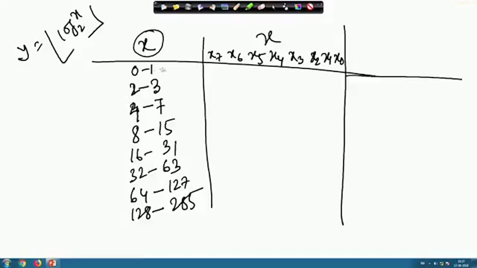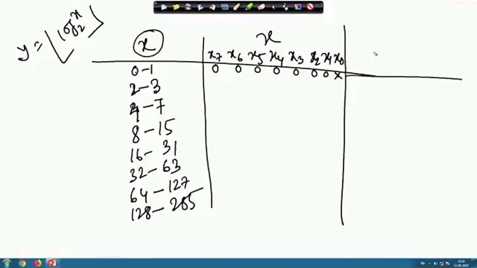So, if I write it something like this, for any value in the 0 to 1 range, the value will be 0 or 1. Okay.